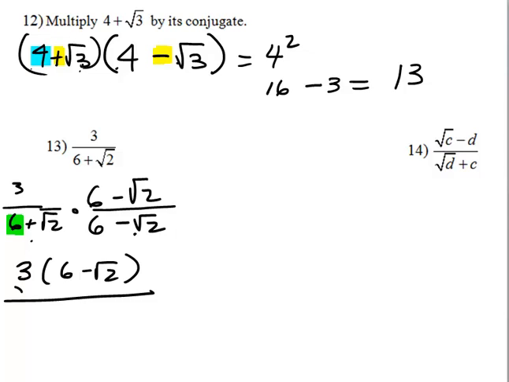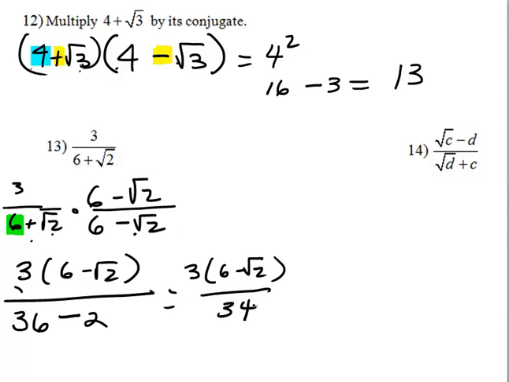I'm going to work smart, not hard. And I'll have 36 minus 2. So in the end, I have 3 times 6 minus the square root of 2 over 34.